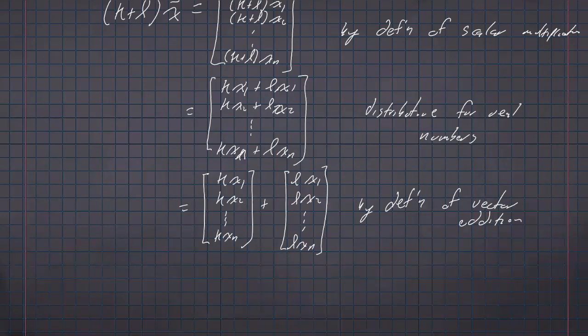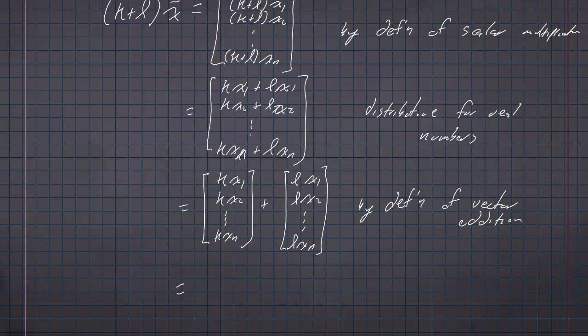I can do this using the definition of vector addition. In other words, going from the second line to the third line is not obvious, but it should be obvious to you that you can go from the third line back to the second line.